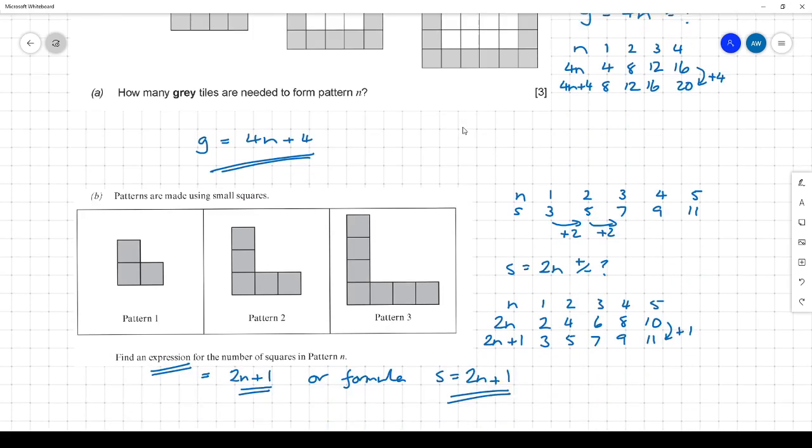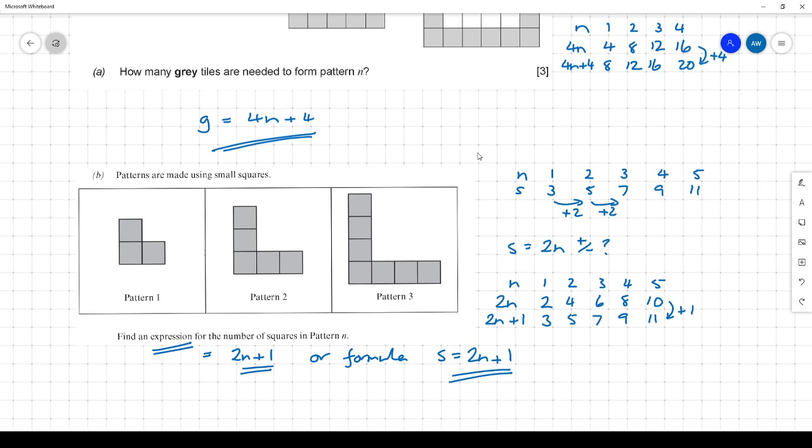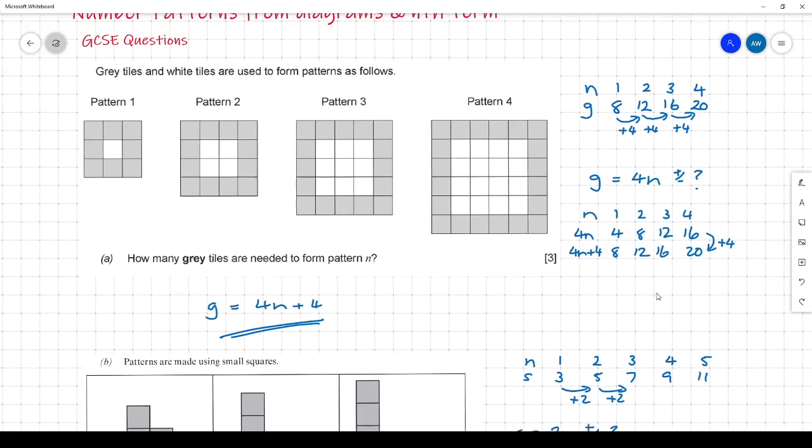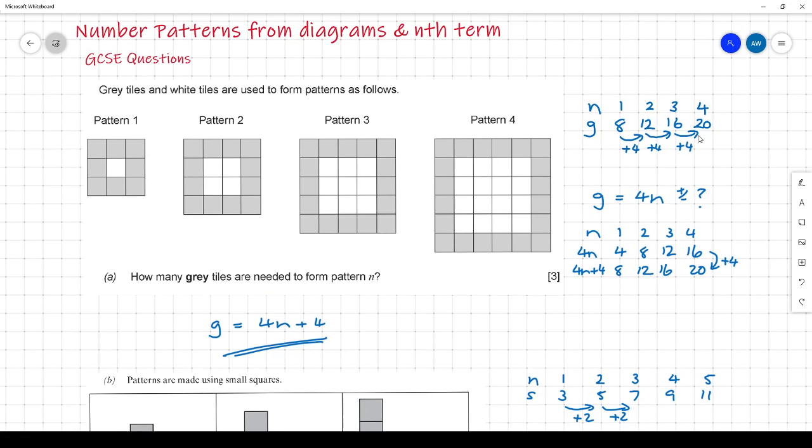Anything where they're asking you for how many matchsticks, how many circles, how many squares are there in pattern n or diagram n, they're just asking you for the nth term. So create the number pattern from the diagrams, work out the nth term as you normally would.